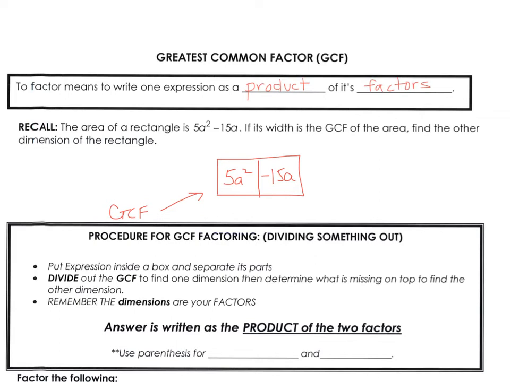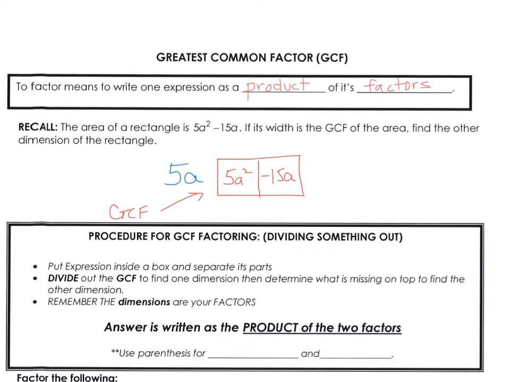We're not going to worry about the sign, it being negative. We just need to think about both of those numbers, 5 and 15. The GCF is 5. You can use your calculator to find that. If you can do that in your head, awesome. They both have A's, so there will be an A in our GCF. The highest exponent is 1, so our GCF is 5a, and that goes right there.